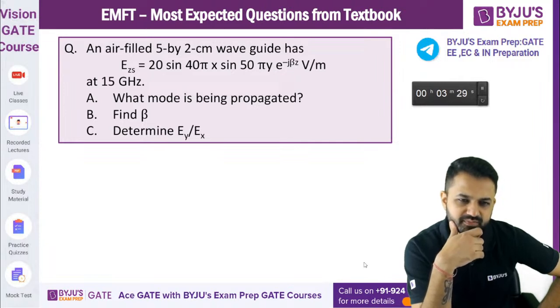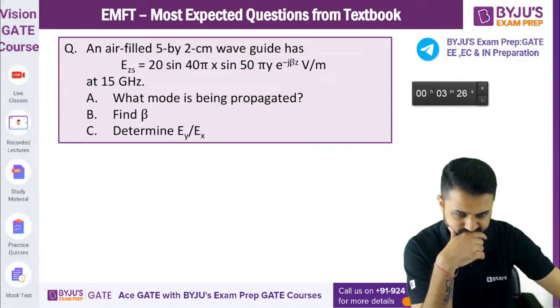Then what mode is being propagated and what is the value of beta?